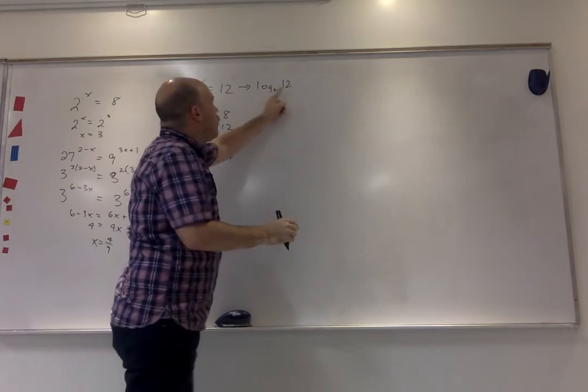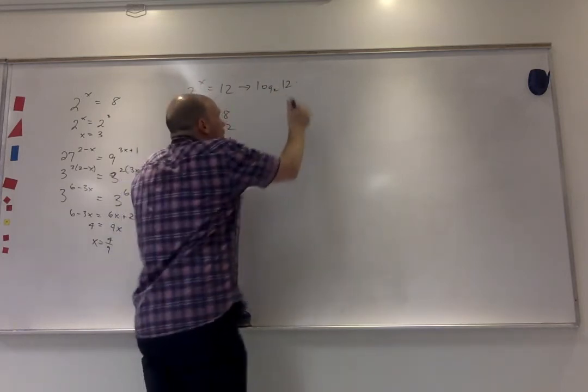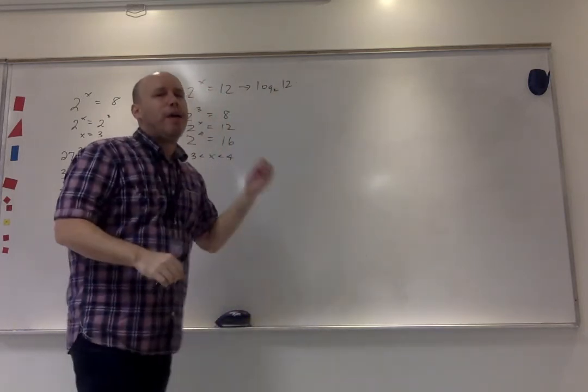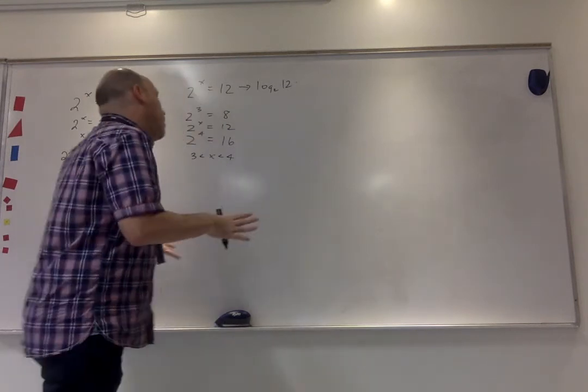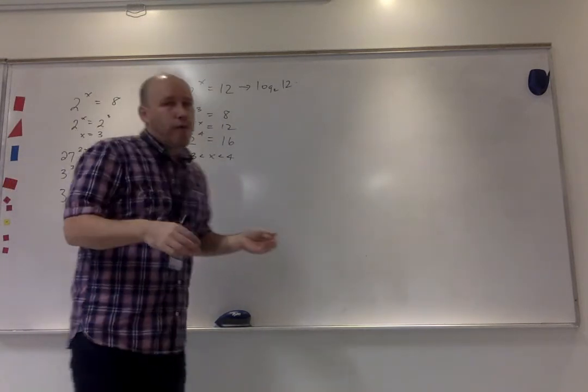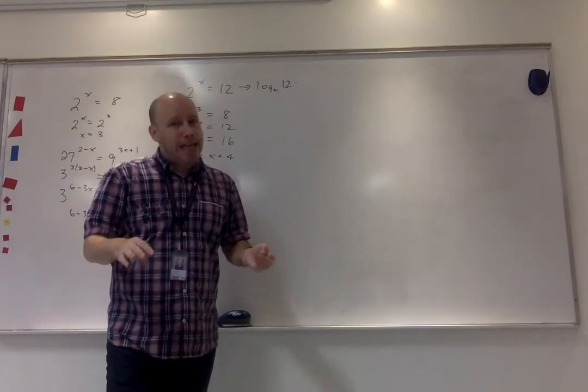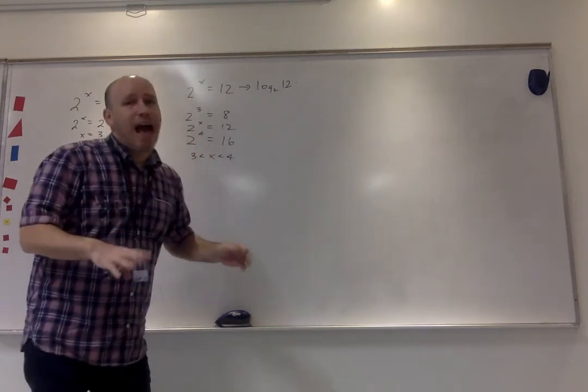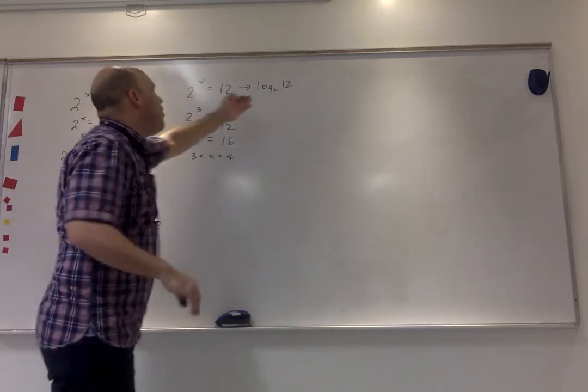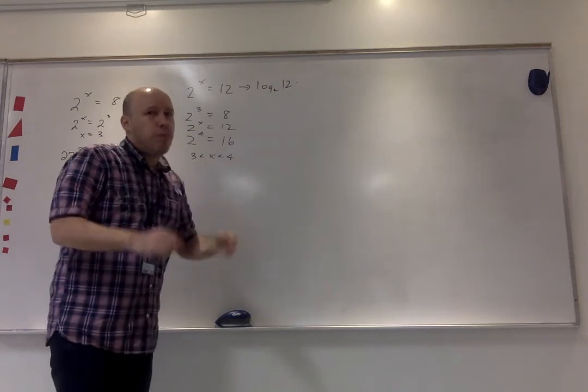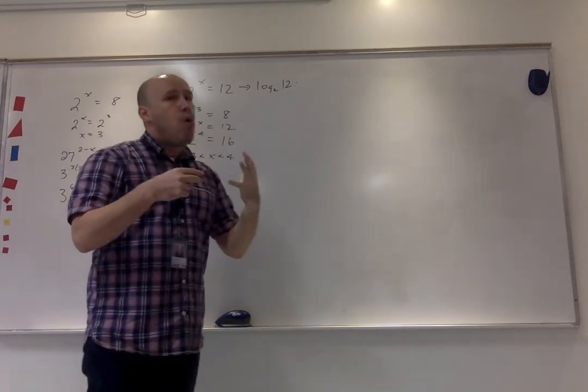Actually put this expression in the calculator, and now you just solve it on your own. So the question is, why do we have to do this? So these are holdover rules. IB still likes to ask it. Once again, the calculator does all this for you. You don't need logarithms, but how do we do it?